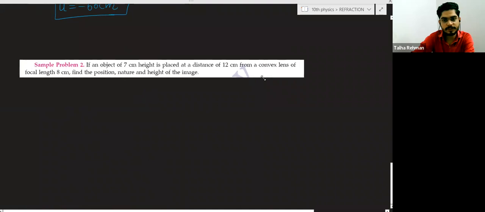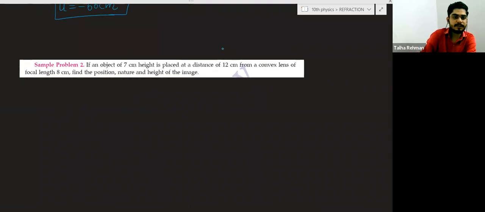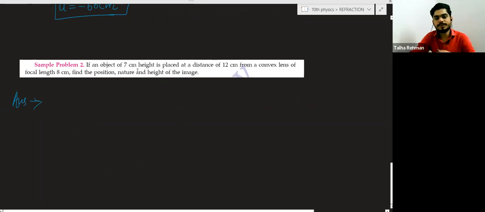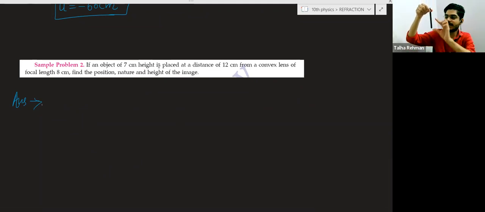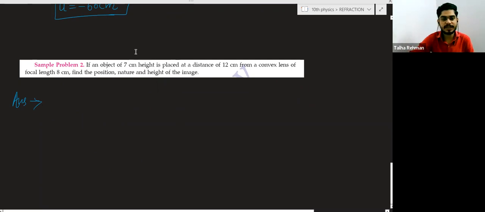See this question. They are saying that if an object of 7 centimeter height, meaning this time the height of the object is given, suppose this is the object in this question. They are saying if the object of 7 centimeter height is placed at a distance of 12 centimeter from a convex lens of focal length 8 centimeter, find the position, nature and the height of the image.